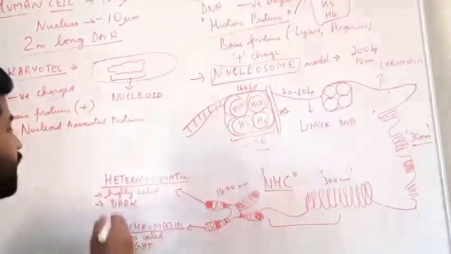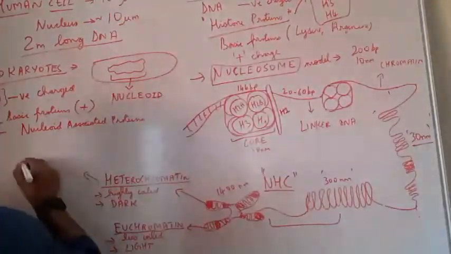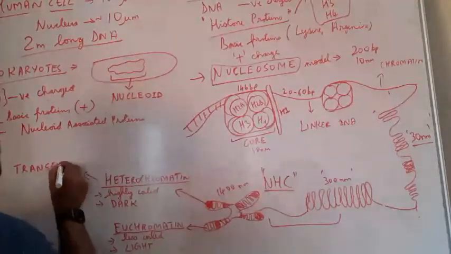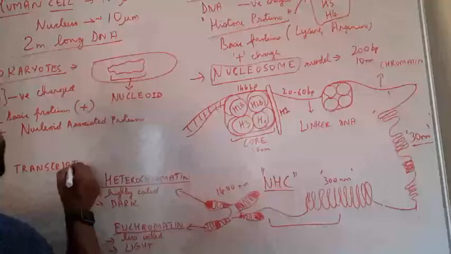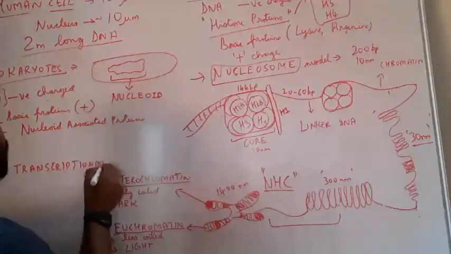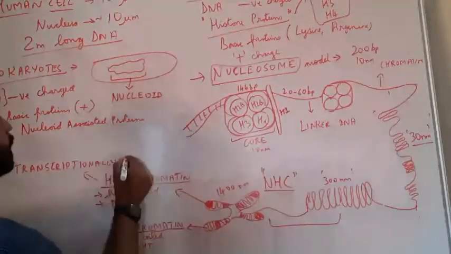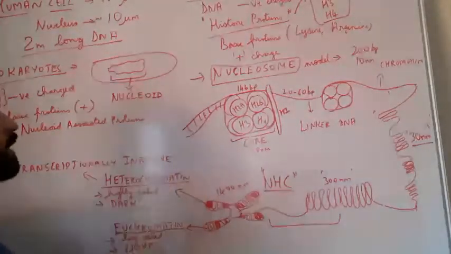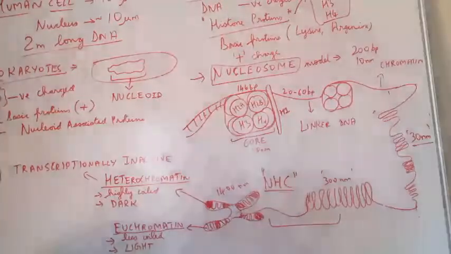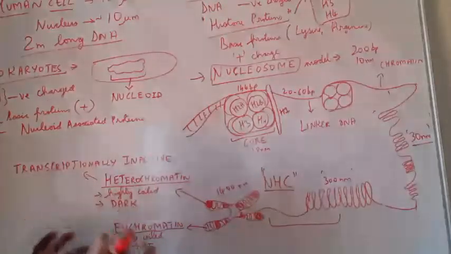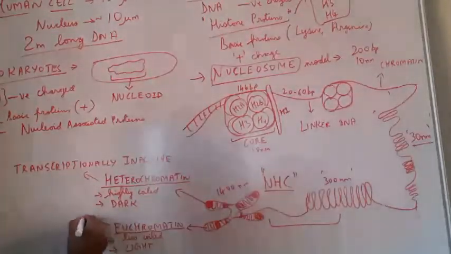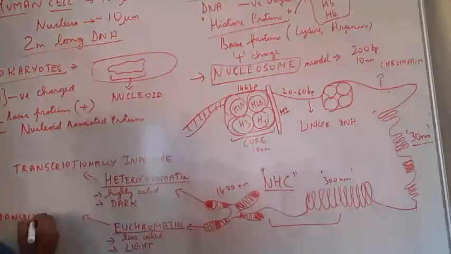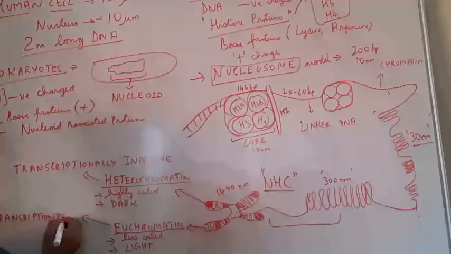Functionally speaking, the heterochromatic region is transcriptionally inactive, meaning it contains hardly any genes. We can say that there are no genes at all. Whatever genes are present in a DNA are present in the euchromatin region, which is the region that is transcriptionally active.